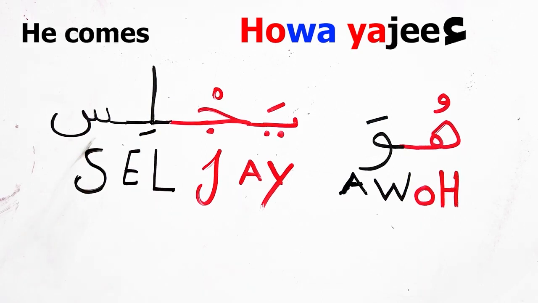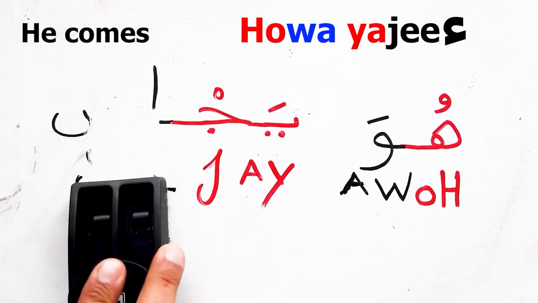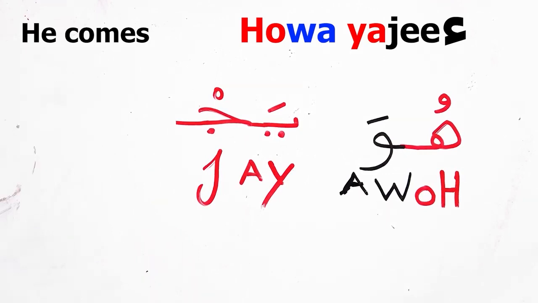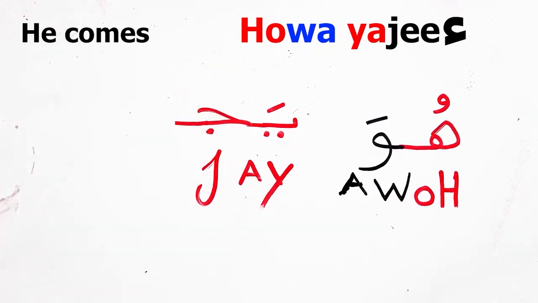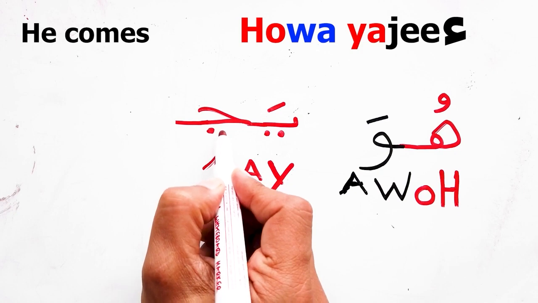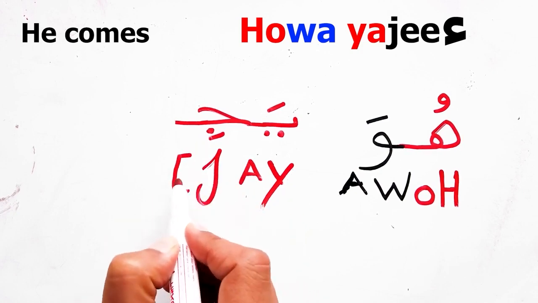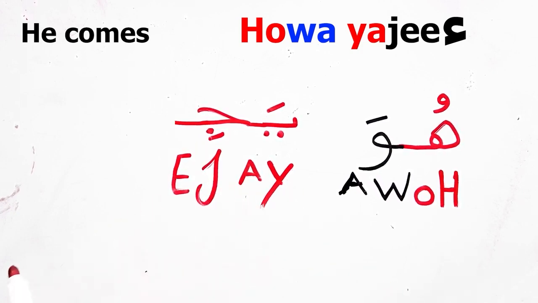هو يجيء. So let's keep it. يجي. We have here يجي. So we will remove this sukun and we will add kasra because we have the sound of E. يجي. Let's add here E. يجي.